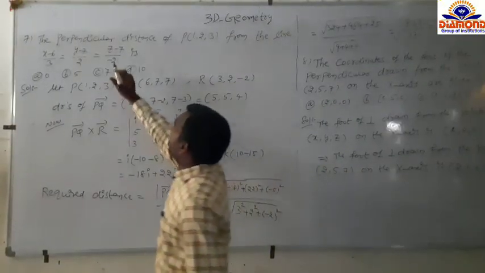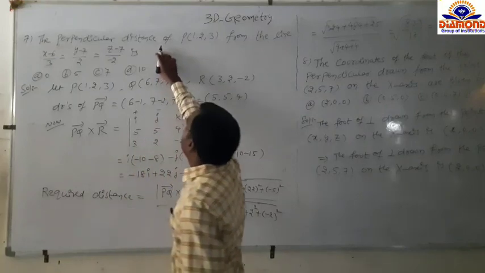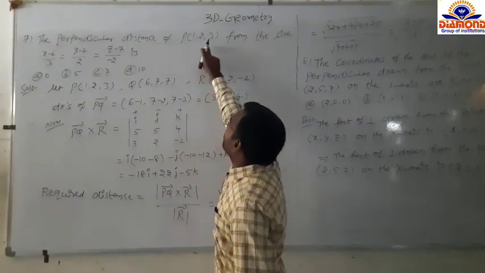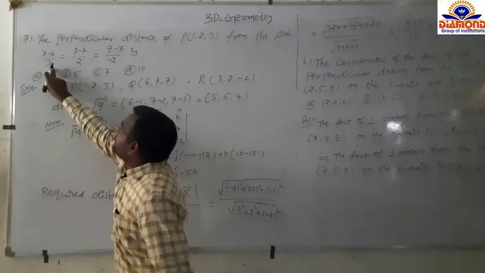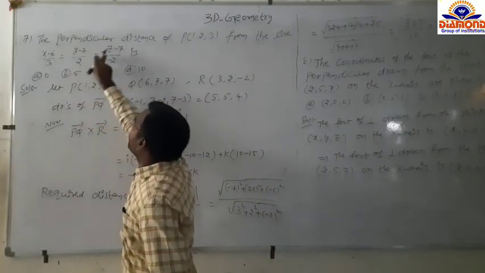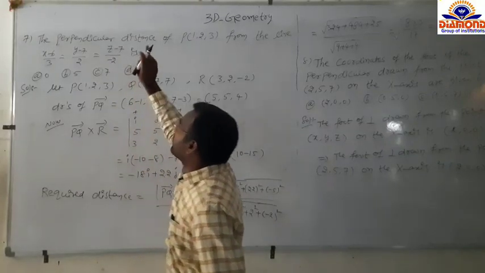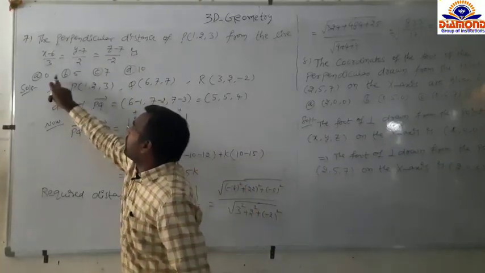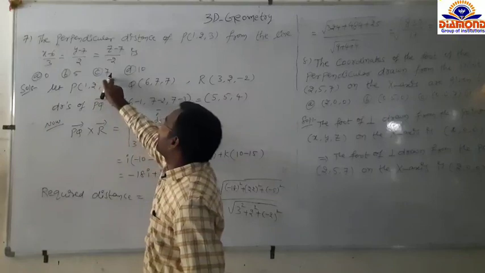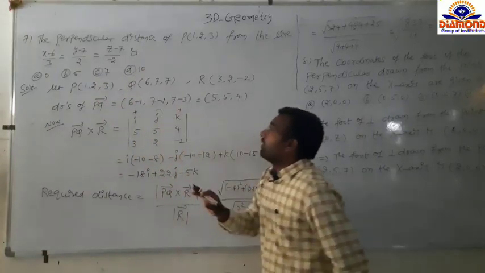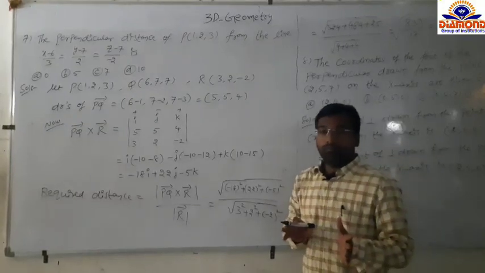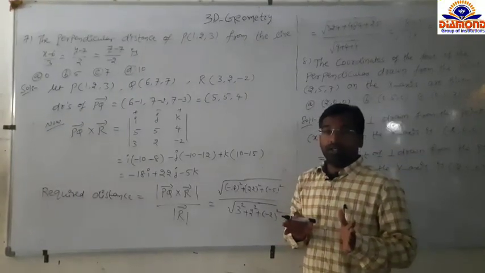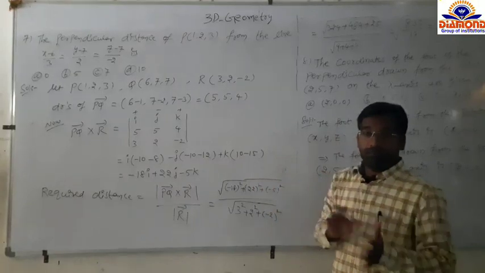Next problem. The perpendicular distance of P(1, 2, 3) from the line (x minus 6) by 3 equal to (y minus 7) by 2 equal to (z minus 7) by minus 2 is: option A 0, option B 5, option C 7, option D 10. Actually, we have the formula only for perpendicular distance from a point (x1, y1, z1) to a plane.